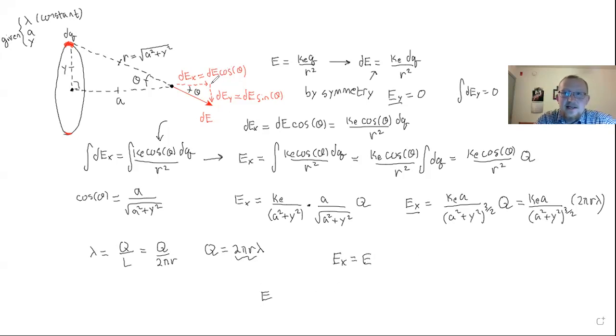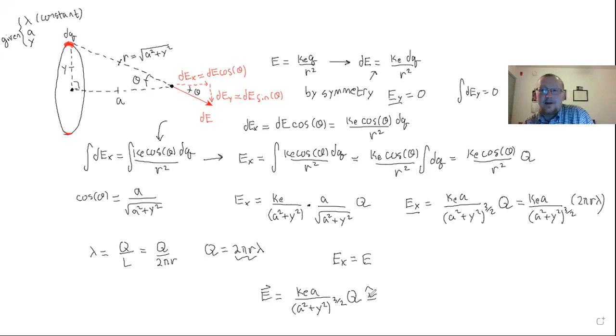And we see that it's pointing in the i hat direction. So if you wanted to write this as a vector, I'm going to write it the way I had it before I plugged in what Q equals in terms of other things. It just looks nicer. Okay, so it's in the i direction.